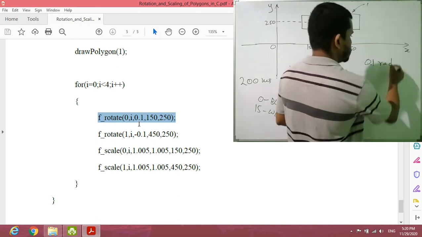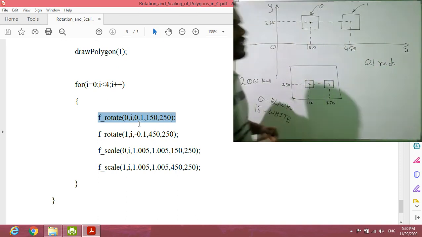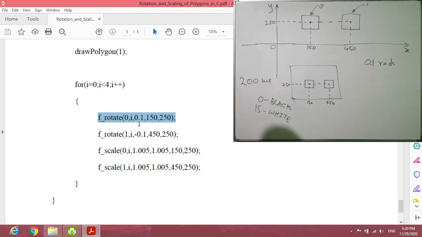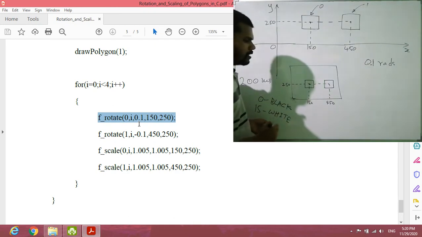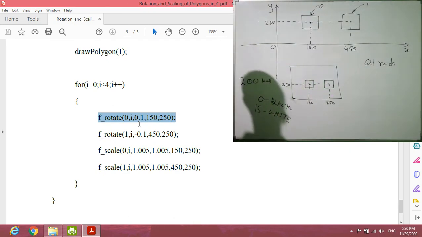radians in anti-clockwise direction. So 0.1 we apply. In each iteration, there are 4 iterations, so here we have 0, 1, 2, 3.